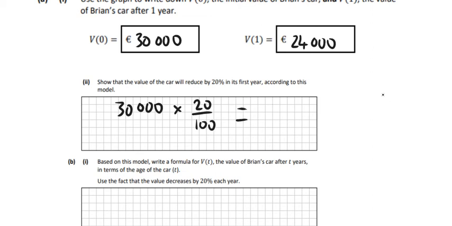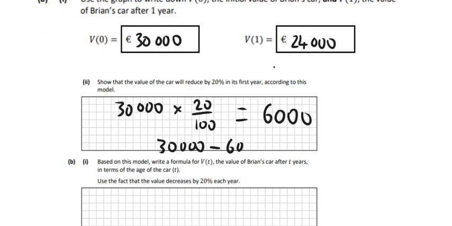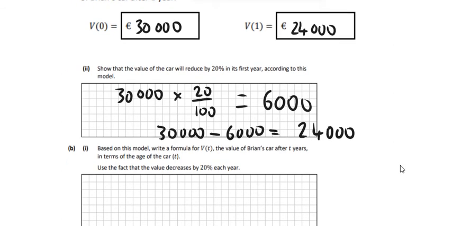But whatever way you do it, you should get 6,000. And then that does work out, because 30,000 minus 6,000 is 24,000. And it is valued at 24,000 after 1 year. So we've shown that.